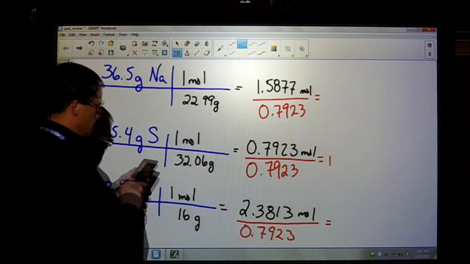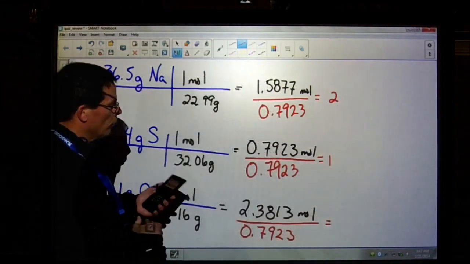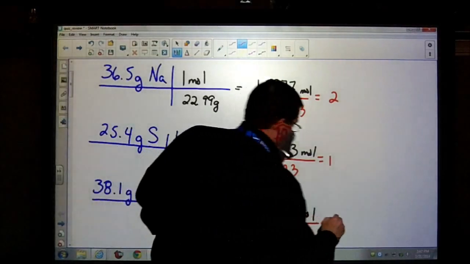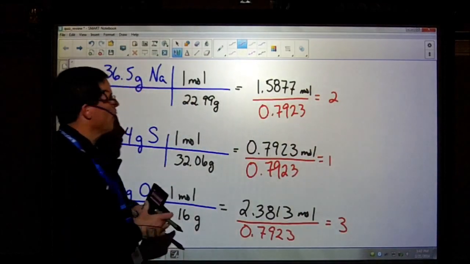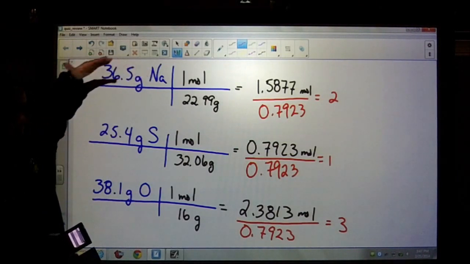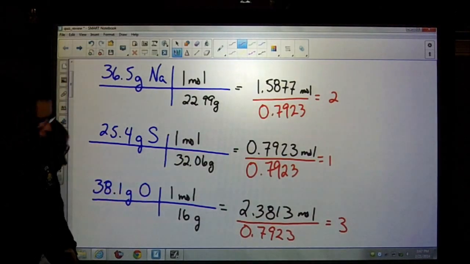So that top value is 2.00394, so we'll say it's 2. The next value is 3.00563, so we'll say that's equal to 3. So once you have your mole ratios, it looks like we have 2 moles of sodium, 1 mole of sulfur, and 3 moles of oxygen.